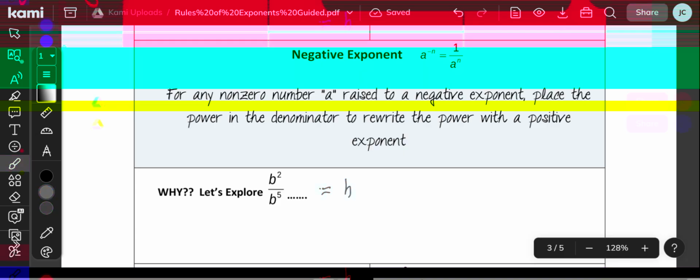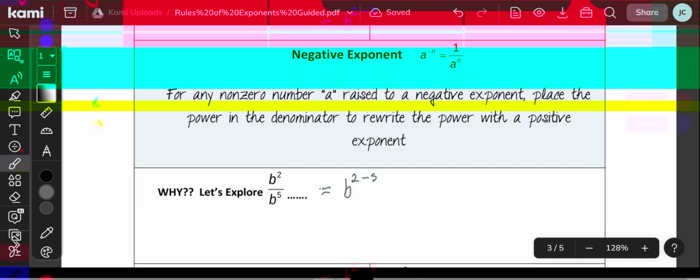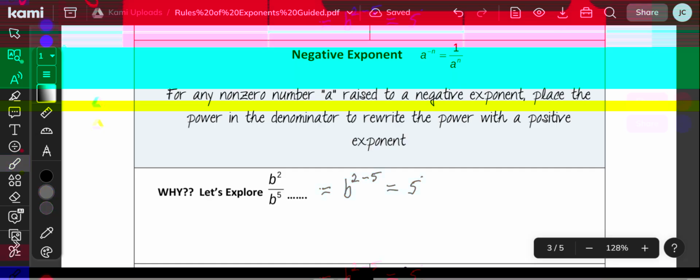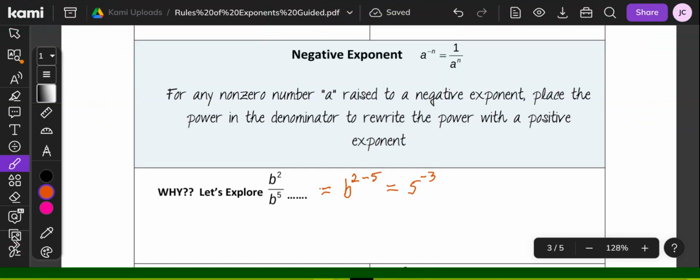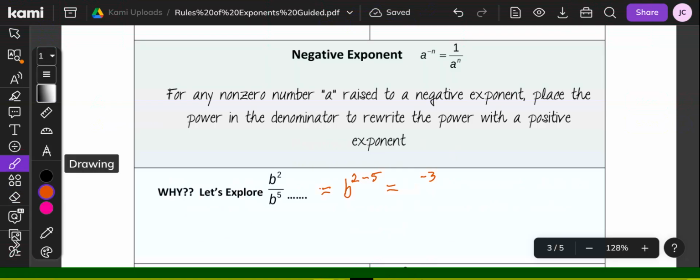If I have b to the second divided by b to the fifth, I get b to the 2 minus 5, right, which is b to the negative third. So I have b to the negative third, which is also 1 over b to the third.